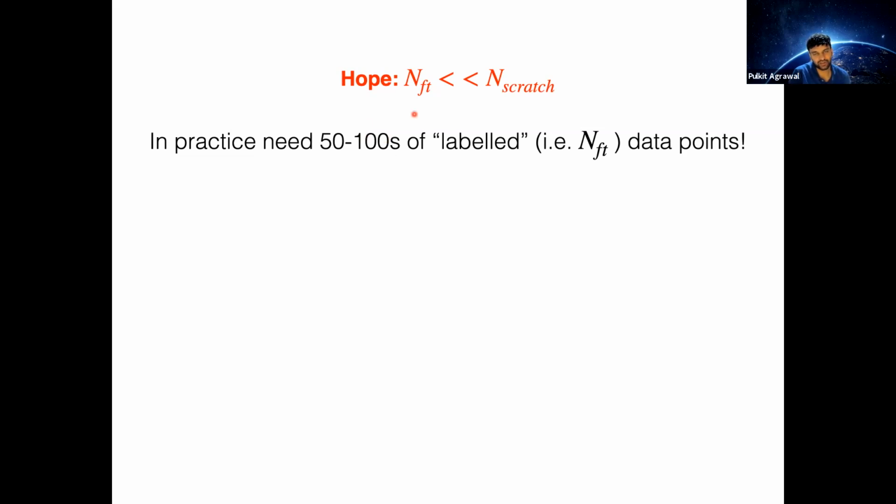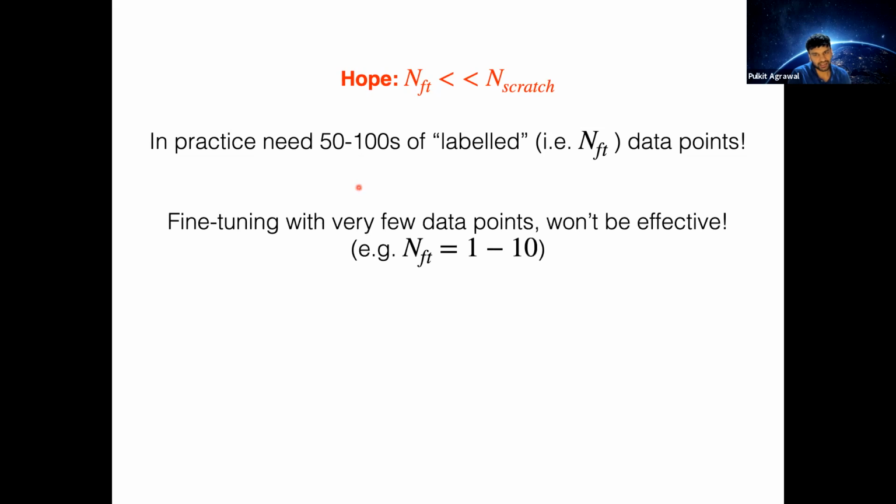So fine tuning works quite well if you have 50 to hundreds of labeled examples. But if you only have say 1 to 10 examples, it starts to get a bit more tricky. And the question which we are going to ask is, why does it get tricky?